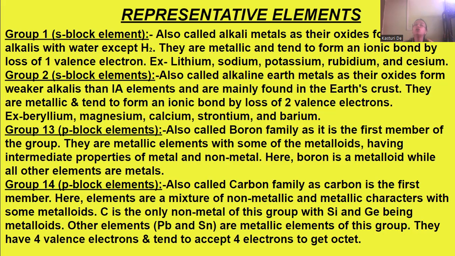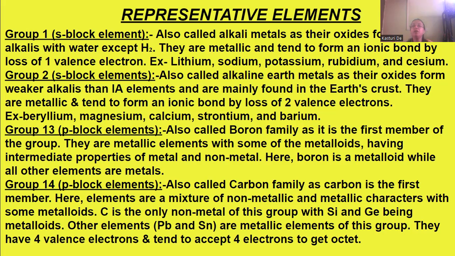They are also metallic elements, and some of them are metalloids also. These metalloids have the properties of both metals and non-metals, that is, they are intermediate between metals and non-metals. Here boron is a metalloid while all the other elements are metals.